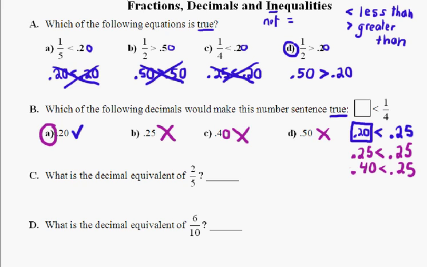Letters C and D both involve the decimal song, but they ask you to find the decimal equivalent of 2/5. So basically what decimal is equal to 2/5. In order to know that, you need to know your decimal song and think of which part of the song will help you figure out 2/5.